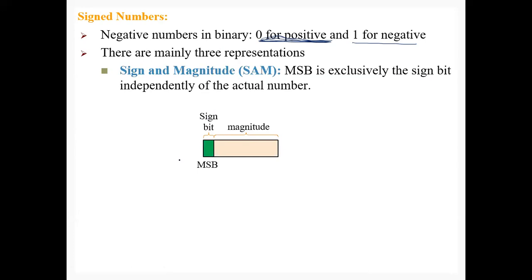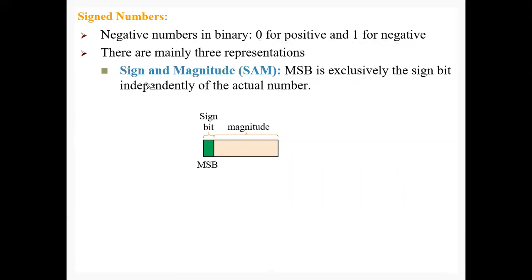So there are mainly 3 representations for signed numbers. This is actually what computers use nowadays too, as far as I know. So what I'm going to talk about is what computers use nowadays to represent signed numbers.